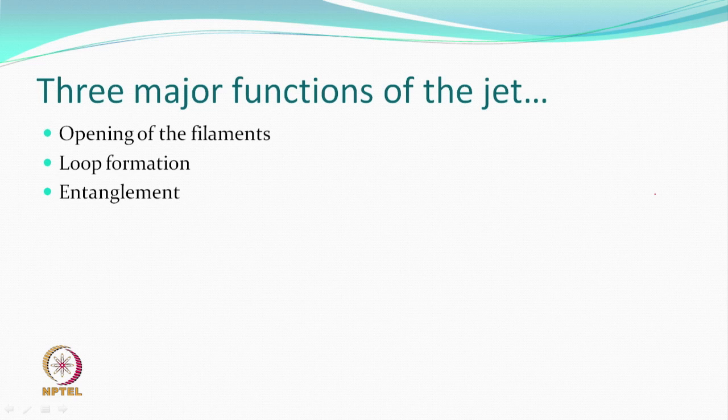We understood earlier that three things need to be done. One is the opening of the filament. So, a bundle is coming which is to be opened, because each filament must make loops individually, not as a bundle. If they make the loops as a bundle, it will also open very easily. Then you require entanglement. These are the three things which have to be done. In which part of the jet do all these things happen?